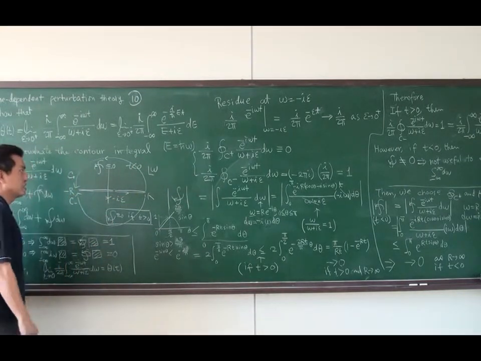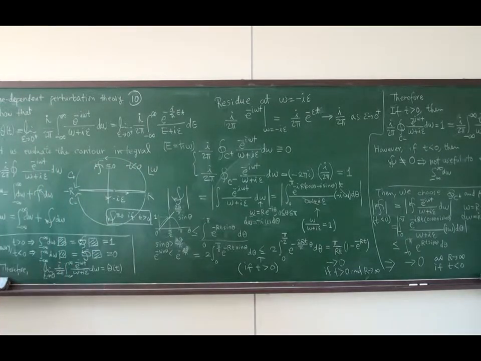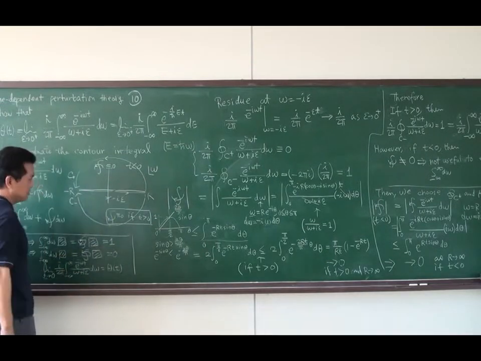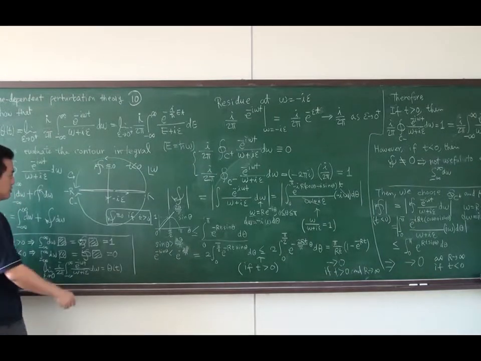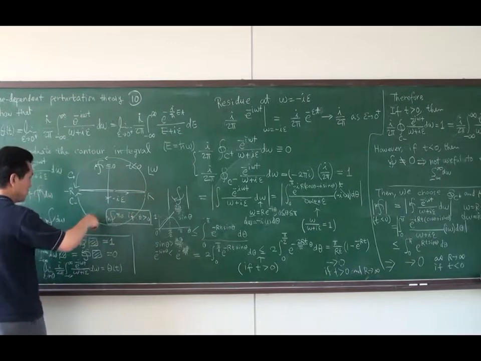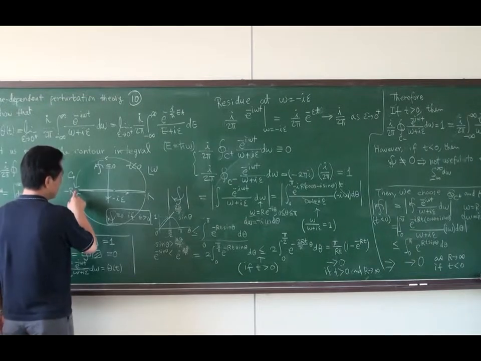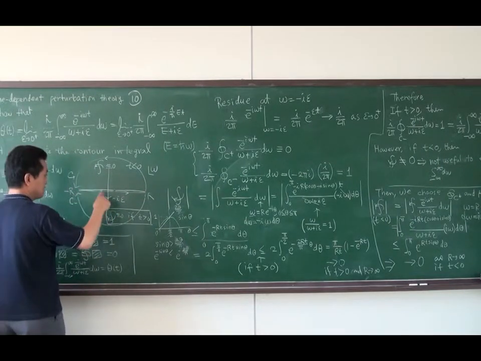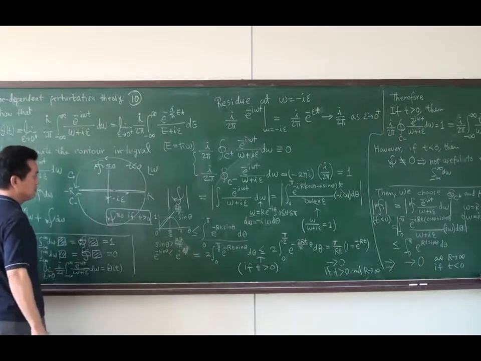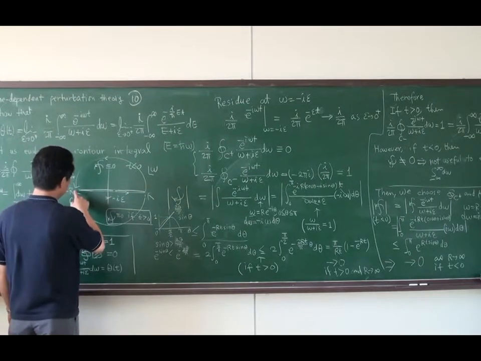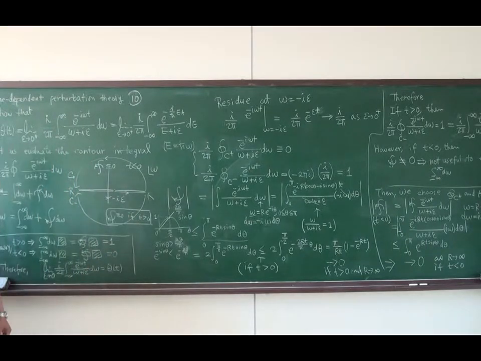So we will find that if t is negative, then the integral along this semicircle on the upper half plane vanishes, and if t is positive, then the integral along this semicircle on the lower half plane vanishes too. As a result, if we integrate along this closed path, that is 1, and the lower semicircle path is 0, so the integral from minus infinity to infinity becomes 1 if t is positive.